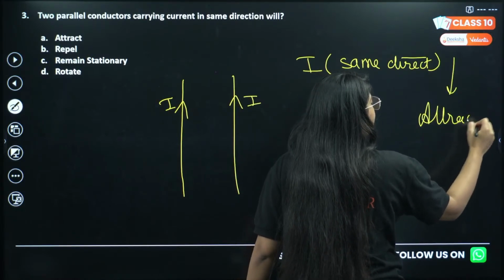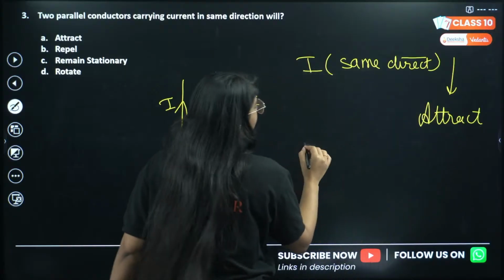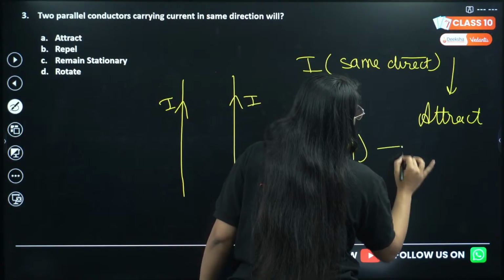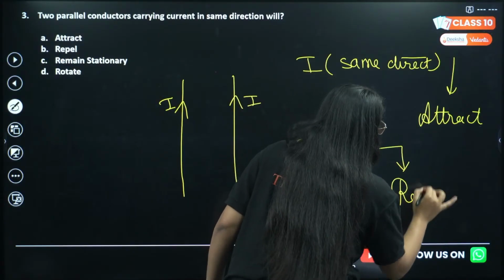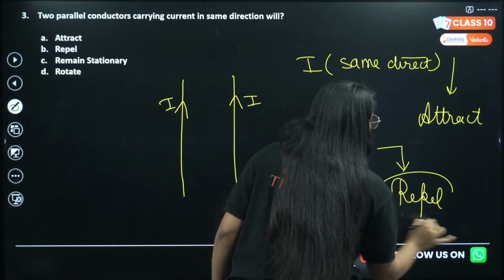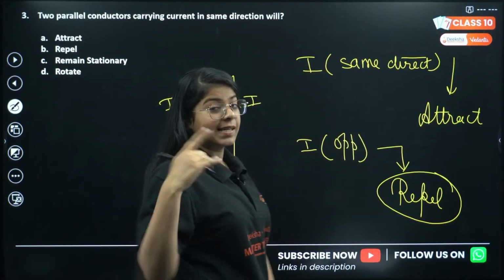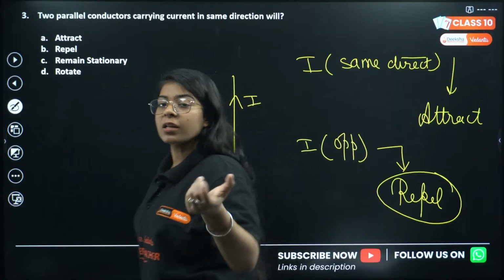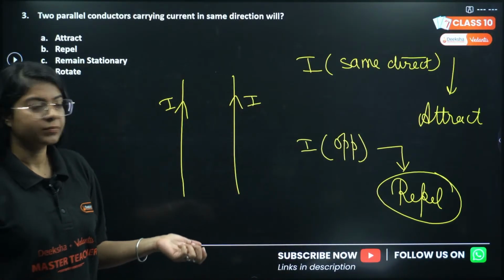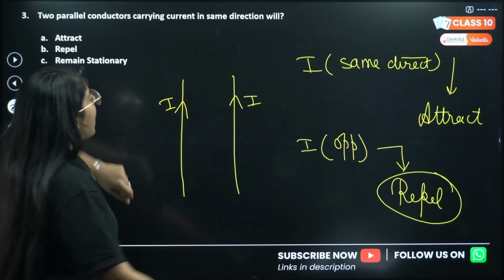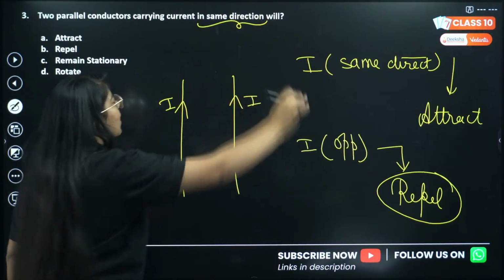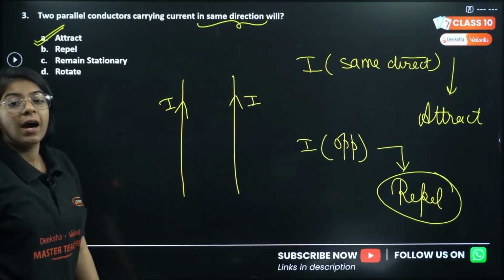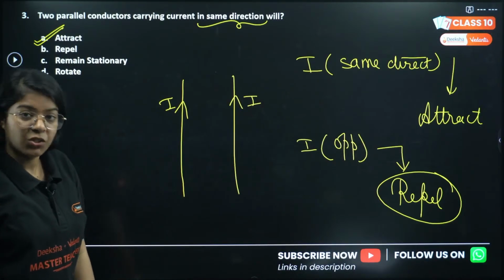They will start to come towards each other, and when the current is in the opposite direction, they will start to repel. Correct? If the current is in the same direction, they will attract. If the current is in the opposite direction, they will repel. So here we have the same direction, which means the answer is A: they will attract towards each other.